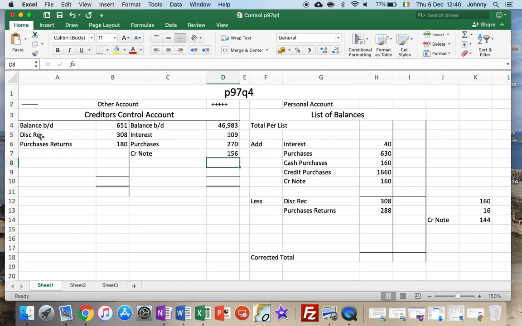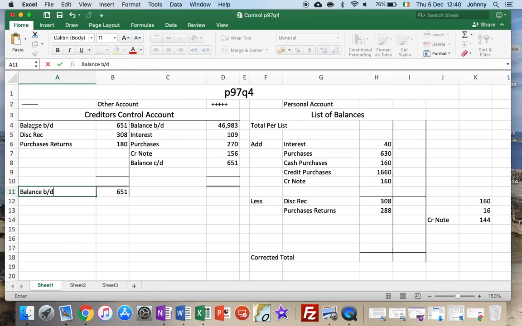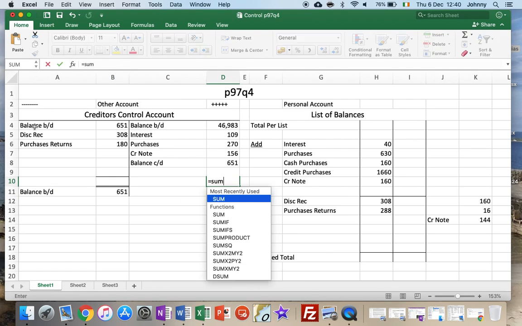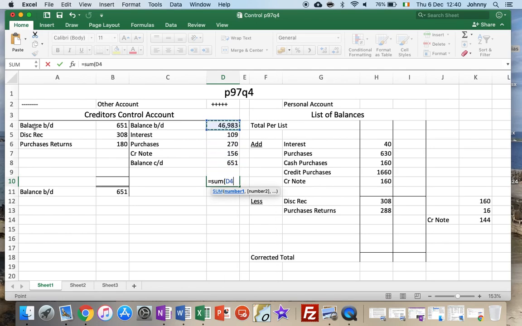So what I do is I start with my control account. I need to balance this. Now back to the 651, that balance on the debit side at the beginning. Nothing has happened to change that. So we still have a balance CD of 651, which means we've got a balance BD of 651. So now at this stage we add everything up. I want to find out what is the total that should be in this account.